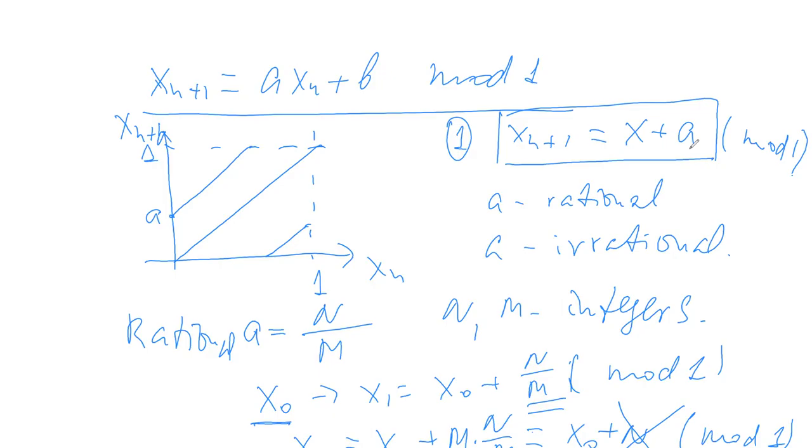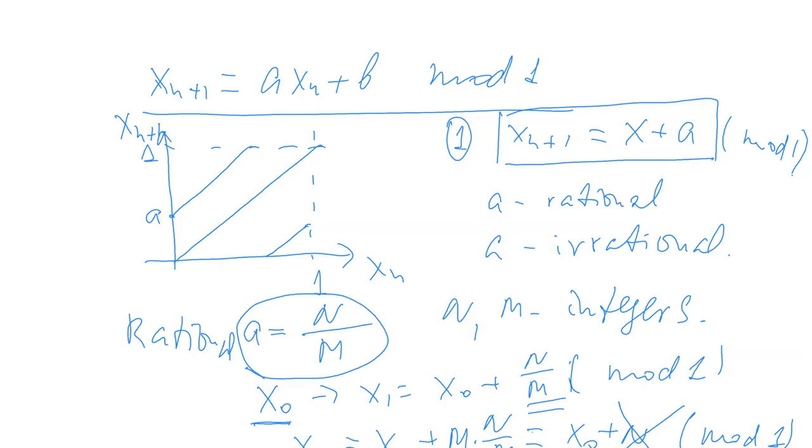And if it's irrational, it will not be periodic, because you can't represent a as a ratio of two integers, and therefore you never will get x naught again. That is one point. And the second point, if we talk about the Lyapunov exponent here, it is eventually 0.